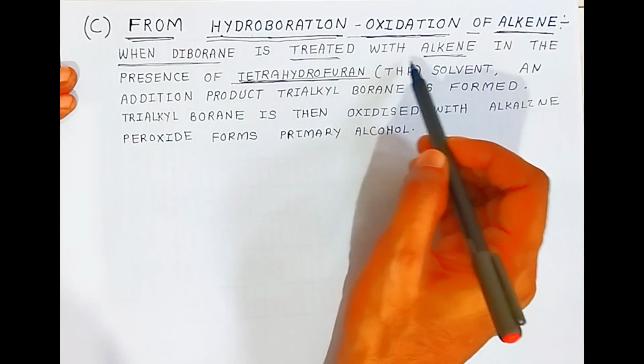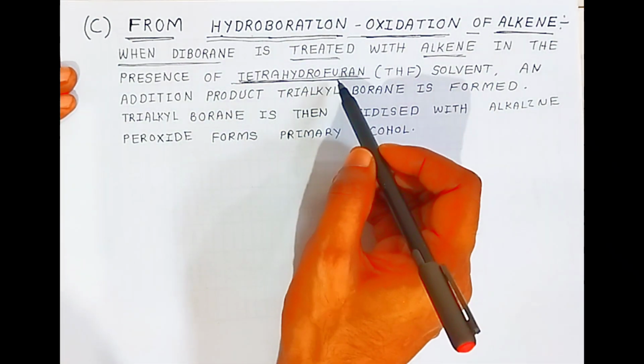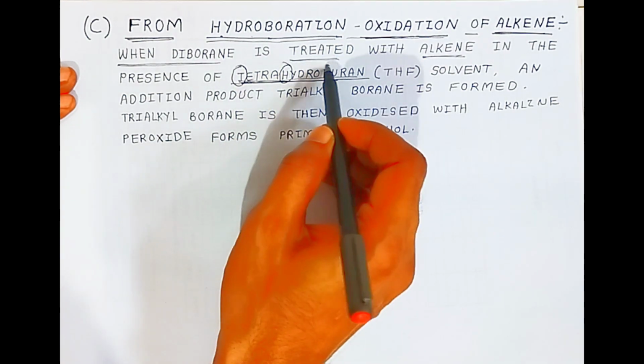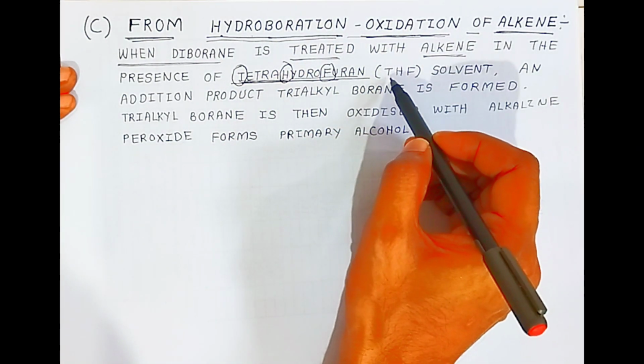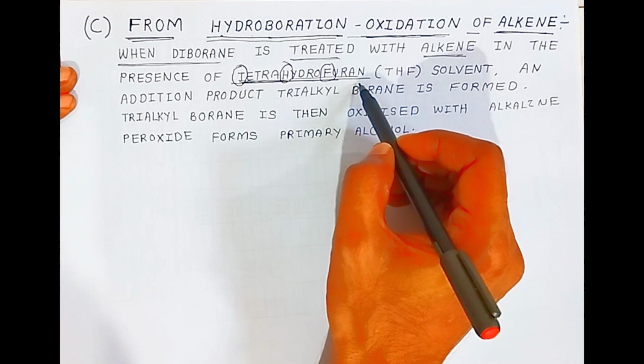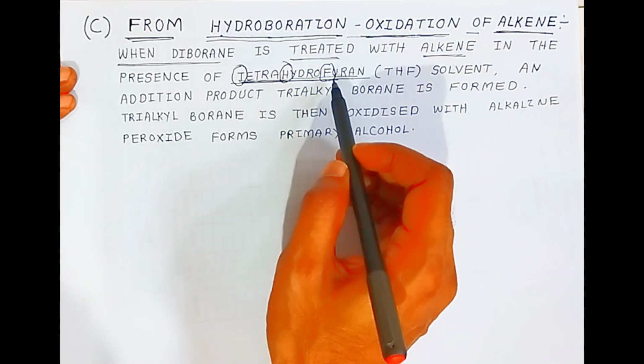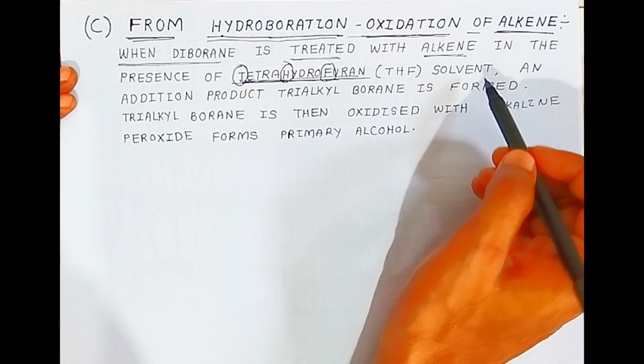When diborane is treated with alkene in the presence of tetrahydrofuran, very important, students, this reagent should be there, then only you can convert it into primary alcohol. T is tetra, H is hydro, and F is furan. So in short we can say THF. Tetrahydrofuran is nothing but the THF solvent.